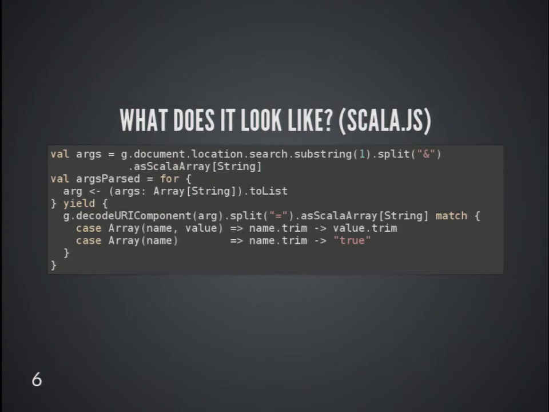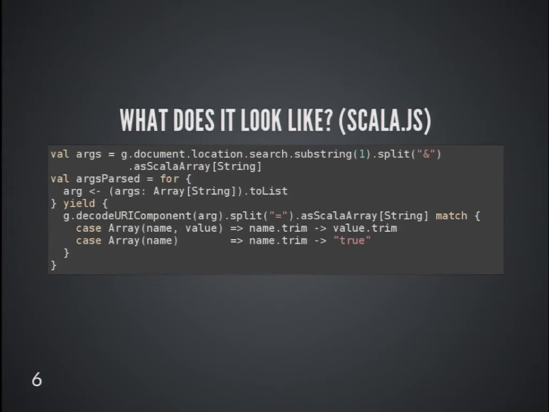You'll find a few funny things. First, you can access the document thing, which is in the global namespace. You can fetch location.search, substring, split. Then, via an implicit conversion, you have this method asScala, which will turn that JavaScript array into a Scala array. You can use for comprehensions.